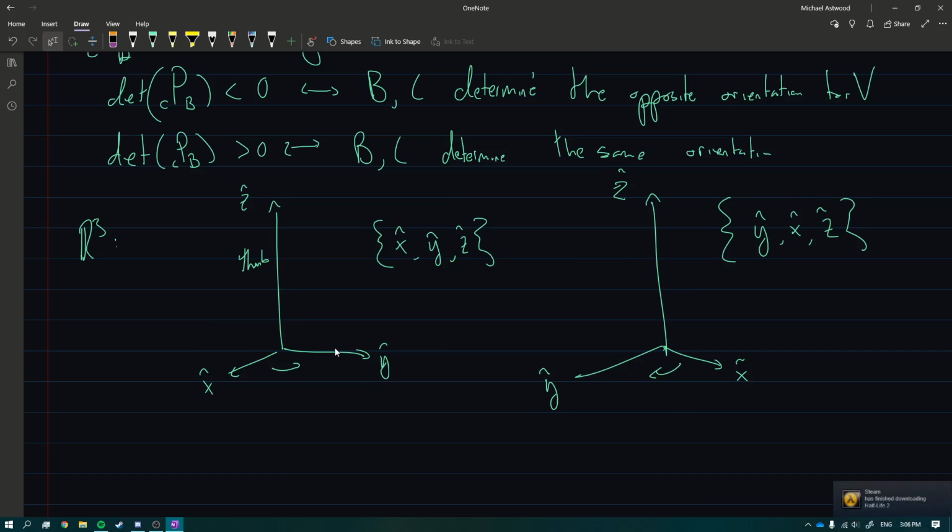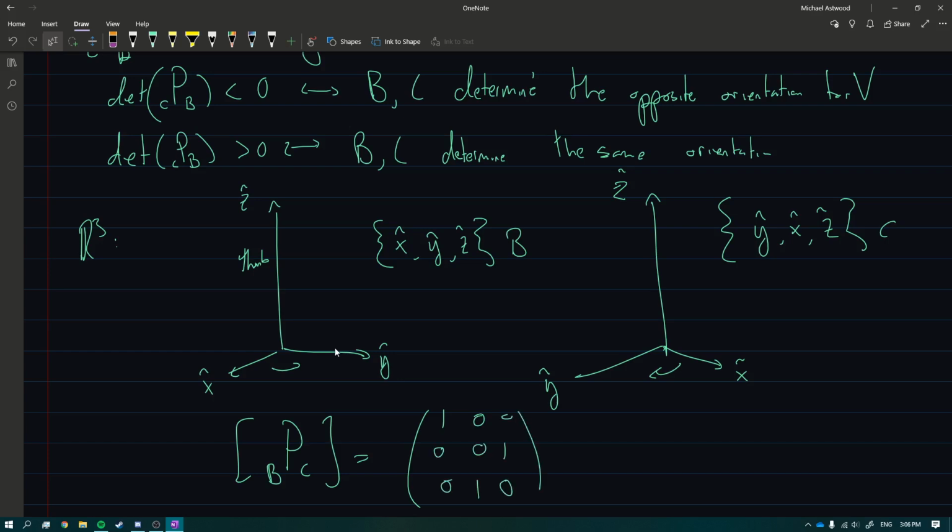If you were to compute the change of basis matrix P_BC, with this one B and this one C, it would be the matrix with rows 1, 0, 0; 0, 0, 1; 0, 1, 0.